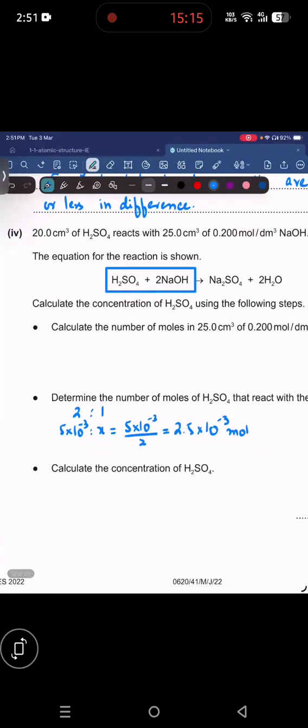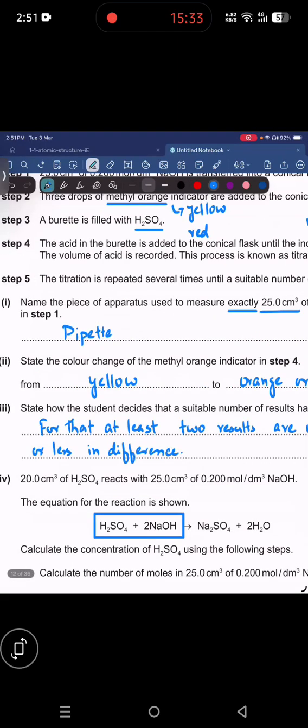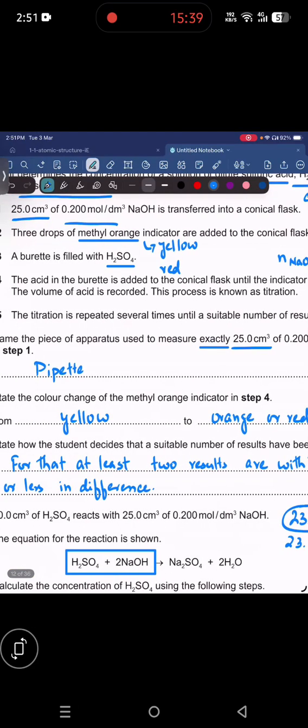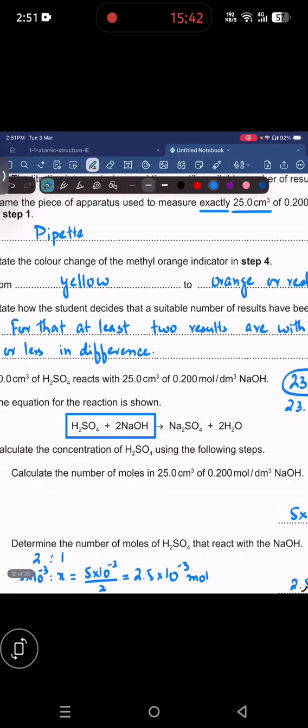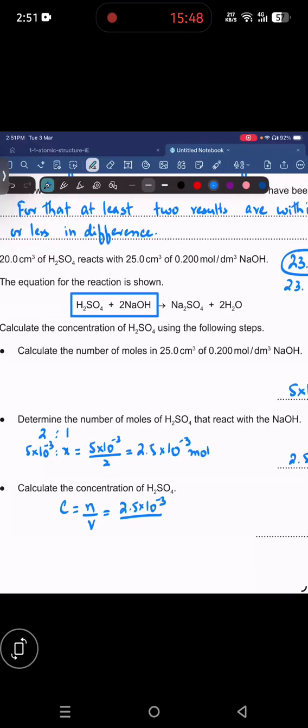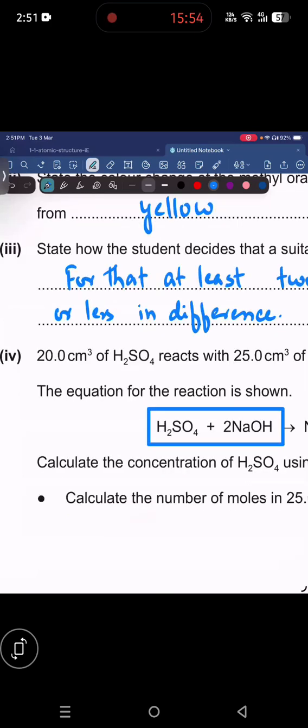Now the concentration part. In the concentration part, C is equal to n over V. So the n is 2.5 times 10 power minus 3, and the volume, do we have any volume here? Yes. The volume given to us is 20 centimeter cube of sodium hydroxide.